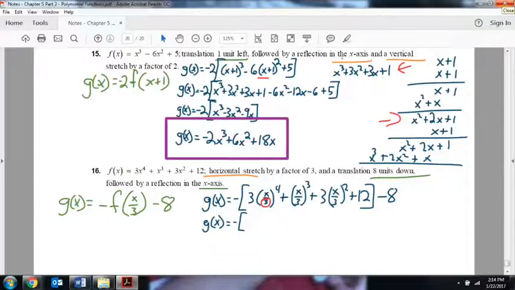Good. So I've got 1/27th x to the 4th. 3 to the 3rd. Again, 3 times 3 times 3 is 27. Times 1 out front, so that's 1/27 x to the 3rd.